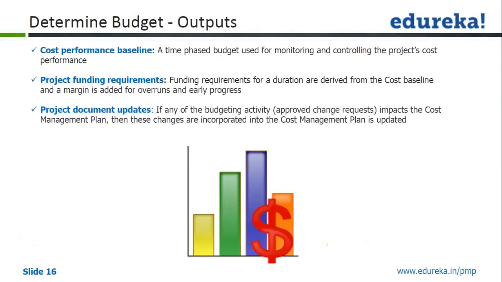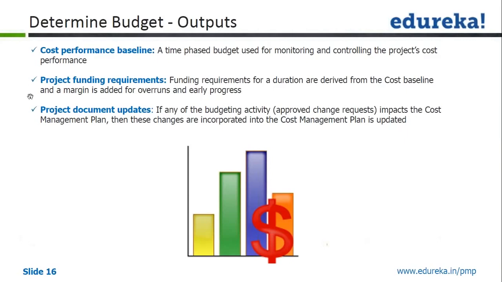Then we have the cost performance baseline, which I will call the cost baseline as per PMBOK edition 5. It is a time-phased budget used for monitoring and controlling project cost performance. When I actually start spending, I am going to compare it against your cost baseline, which is part of your project management plan also.